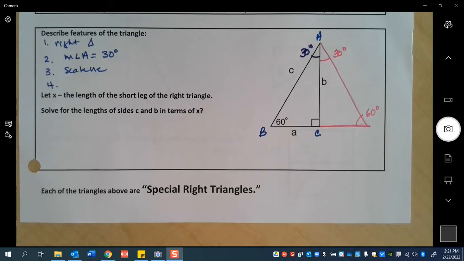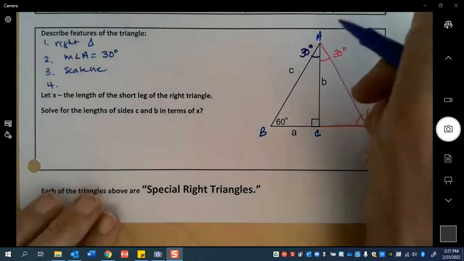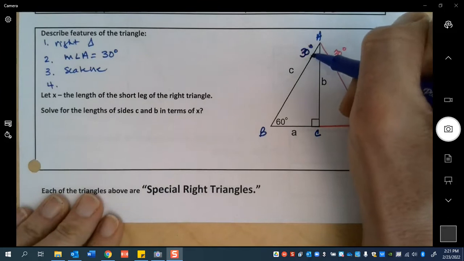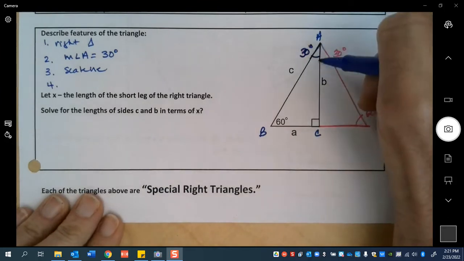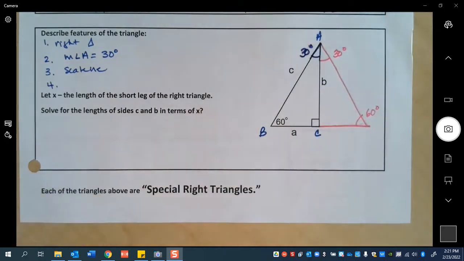So it's angle BAC. Those ones are 30, but then there's also a measure of angle A that's about 60. Just talk about my main triangle that you have on your notes.